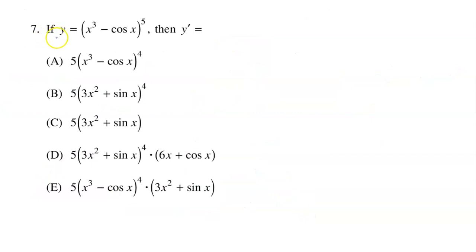For number 7, we need to find the derivative of this expression using the chain rule. So first, we take the derivative of the outer function. So we move the 5 out in the front, and we decrease the power by 1. We leave the stuff on the inside the same, so x to the 3rd power minus cosine x.